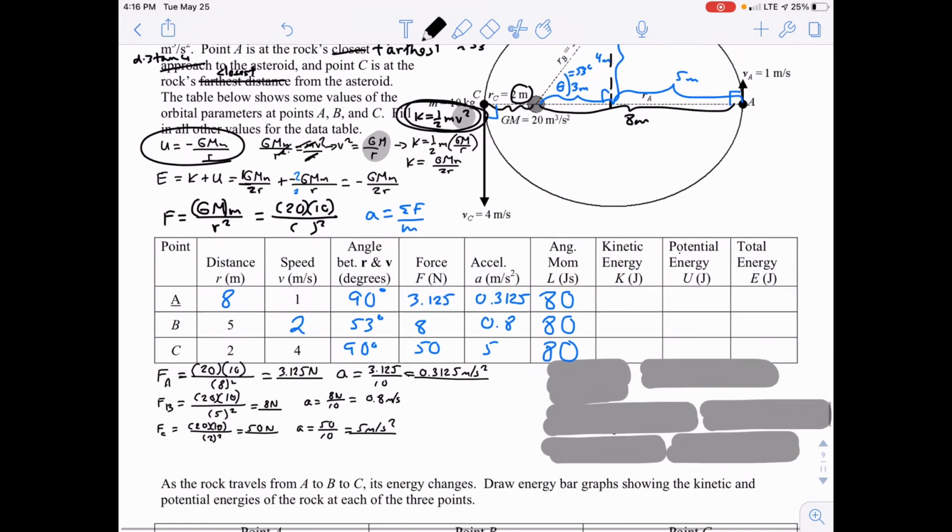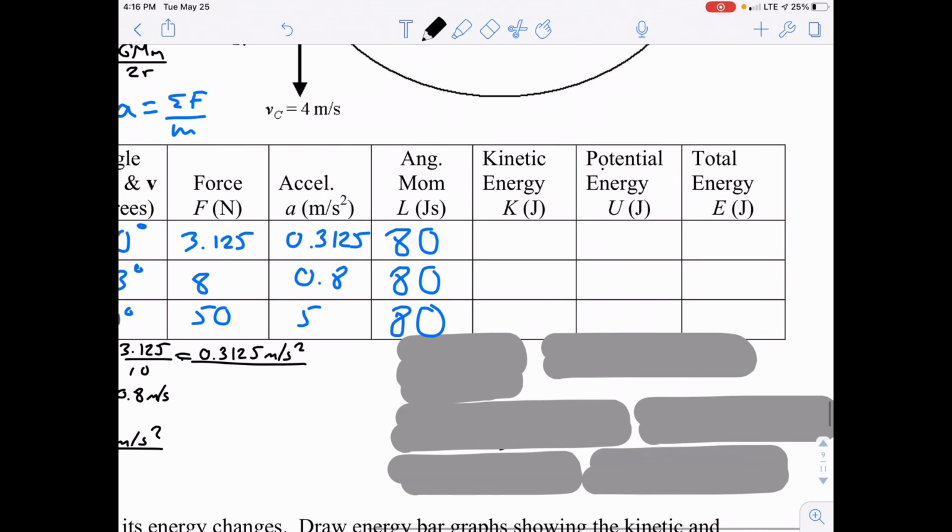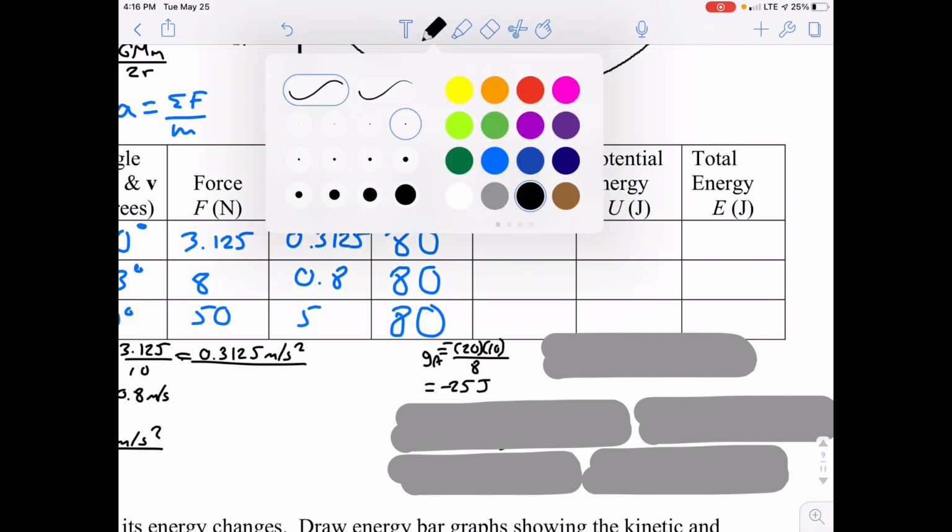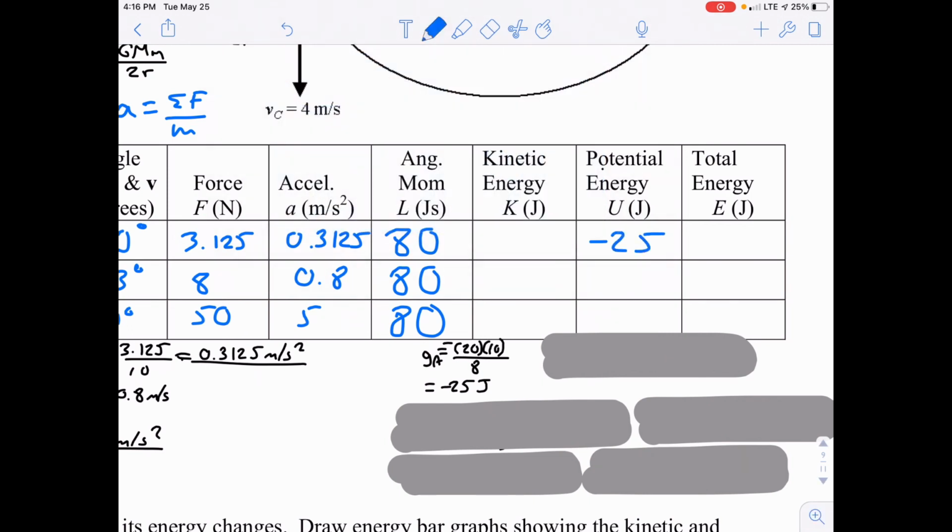All right, let's do some calculations here. Start with potential energy first. The potential energy at A is negative G big M little m over R. So negative 20 times 10 over 8 is negative 25 joules. At B, negative 20 times 10 over 5 is negative 40 joules.